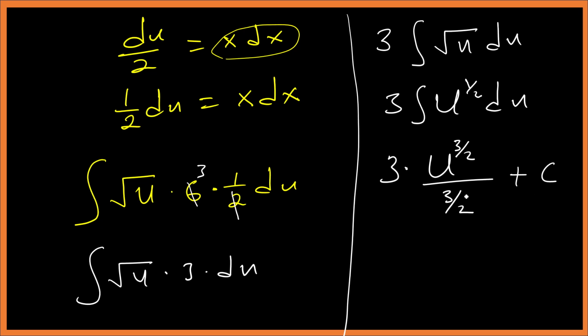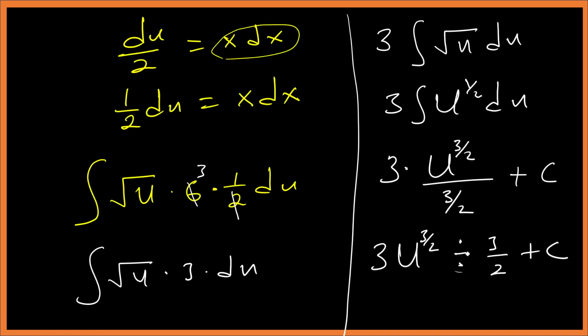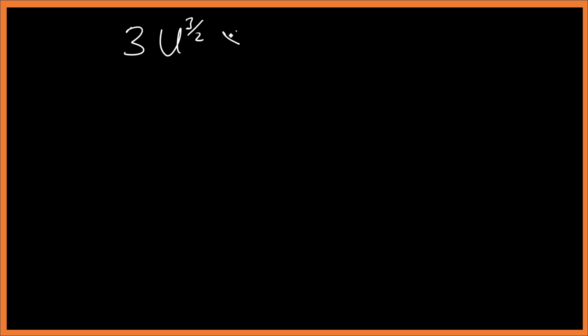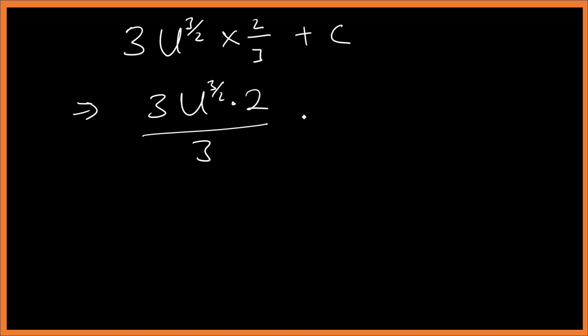Now let's break this down. Dividing by 3 on 2 is the same as multiplying by 2 on 3. So it will be 3u raised to 3 on 2 times 2 over 3 plus c.